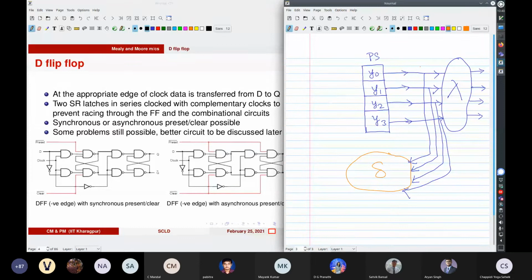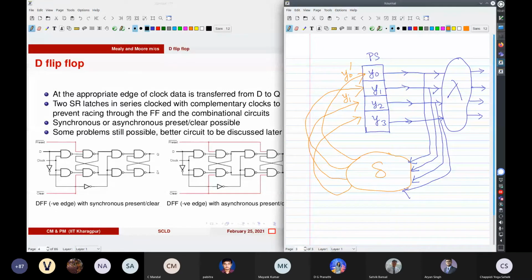And here your delta is computing your next state.